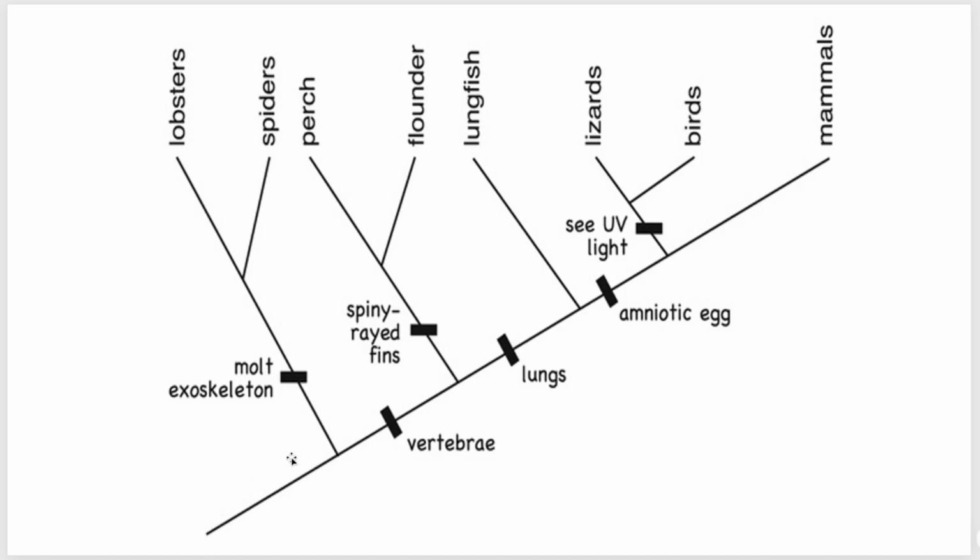From the bottom left to the top right: vertebrae, lungs, amniotic egg, UV light, all of those you will pass through to get to birds. So birds would have all of that. Birds and lizards would also share all those traits because they're right beside each other on the cladogram, and all those traits are before them.